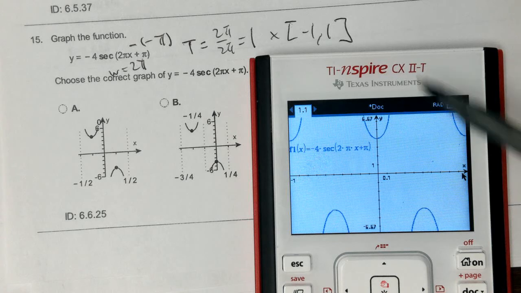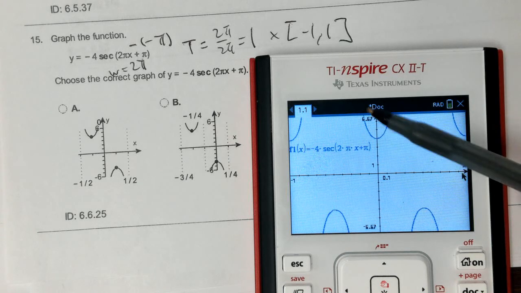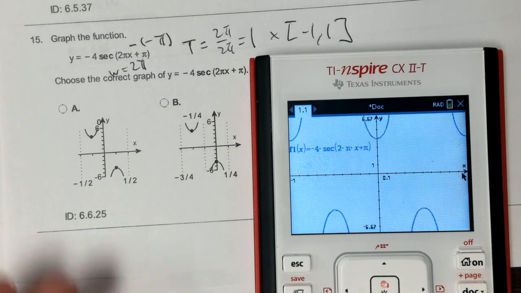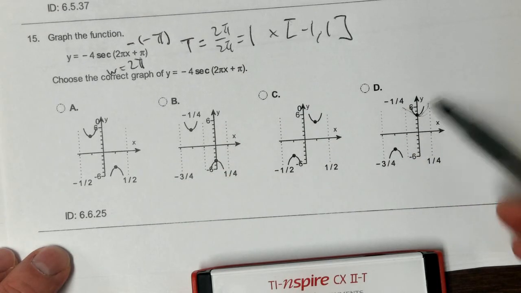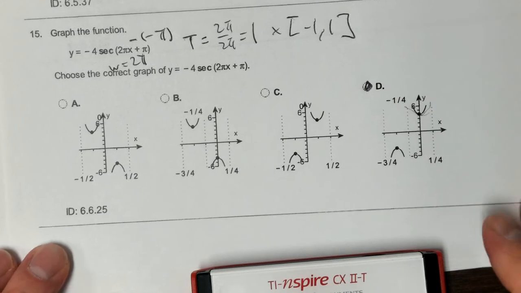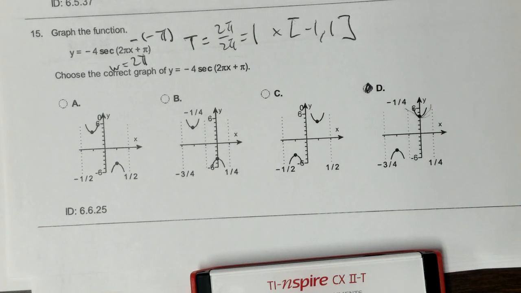Okay, so based on the window, it is symmetric to the y-axis and it's up, like this one. So that's the best approach on that one. Any questions?